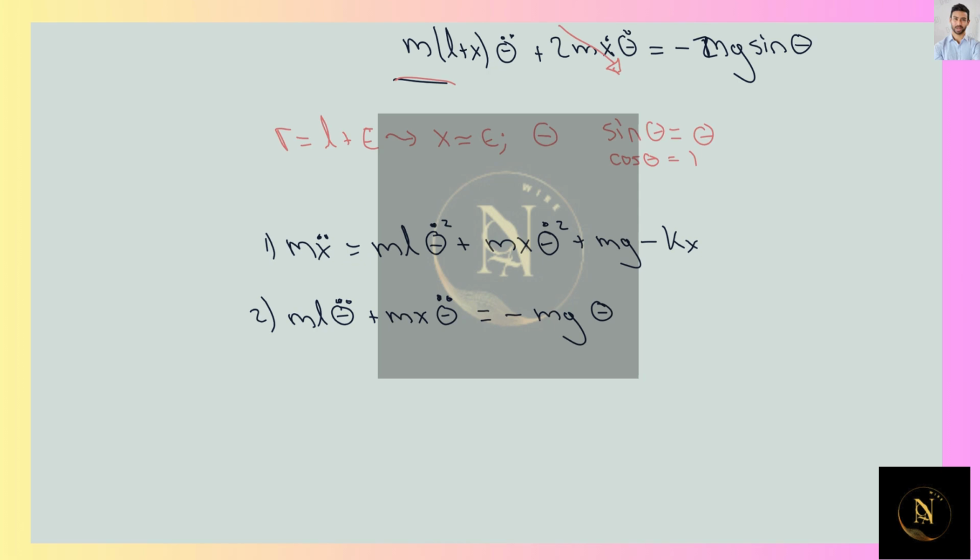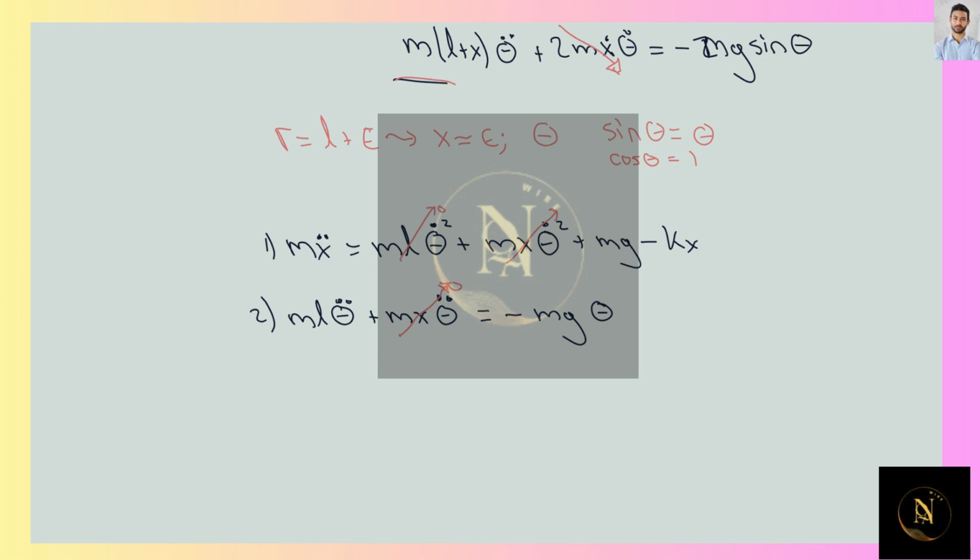So m L theta double dot, m x times theta double dot, x is very small, so this goes to 0. The second equation is already fully decoupled. In the first one, we have m x theta dot squared, and also a product of L times theta dot squared, which is also going to go to 0 under this small angle approximation.